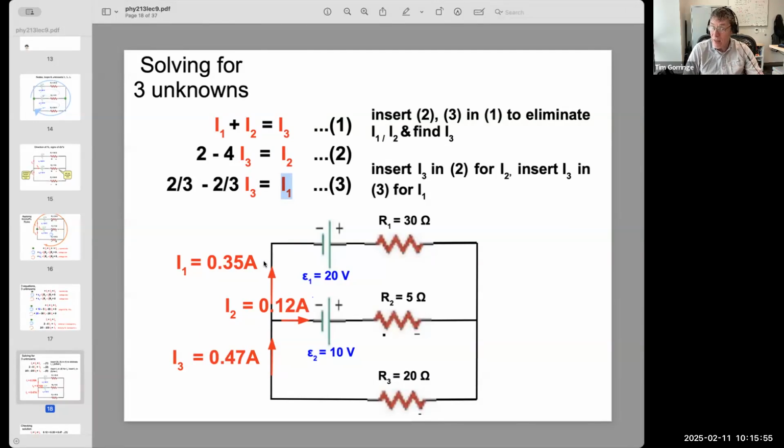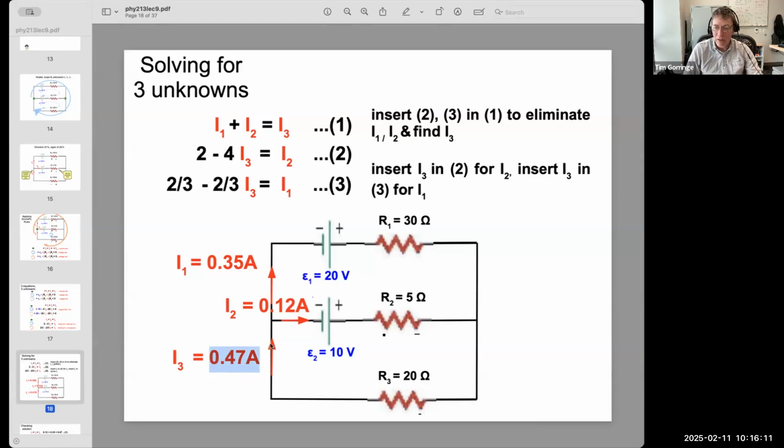Look, this was luck on my part, not experience. All these numbers are positive, so I did guess the currents in the right direction, although that was just lucky.